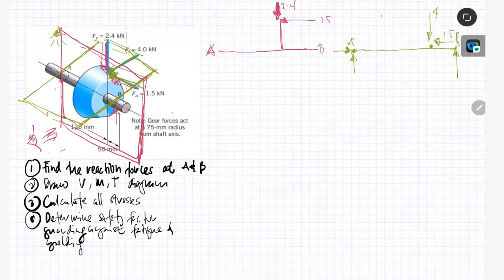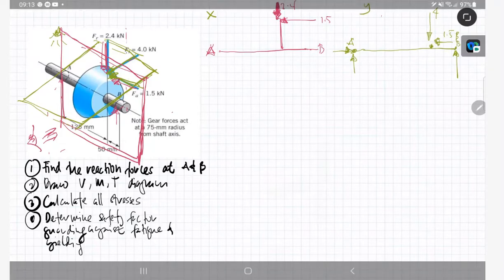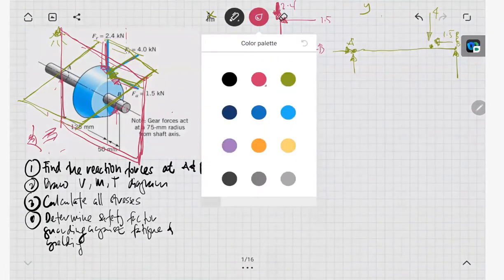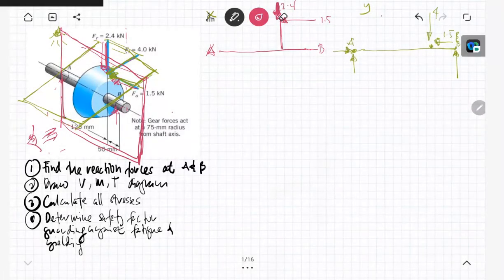Let's say we call it X, so Y. Different plane. Whatever you could call it plane one or plane two, plane X, plane Y. And for the red one, we have, because one, the forces towards downward, so the reaction force is upward.